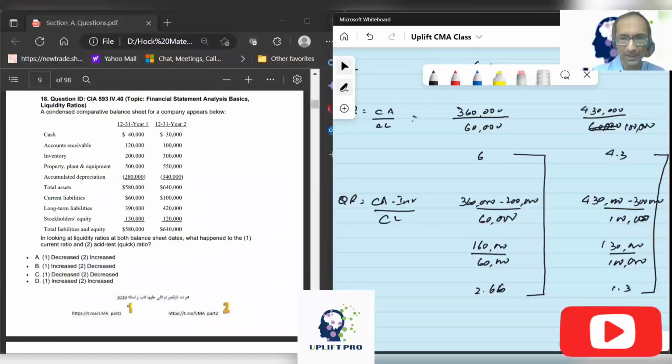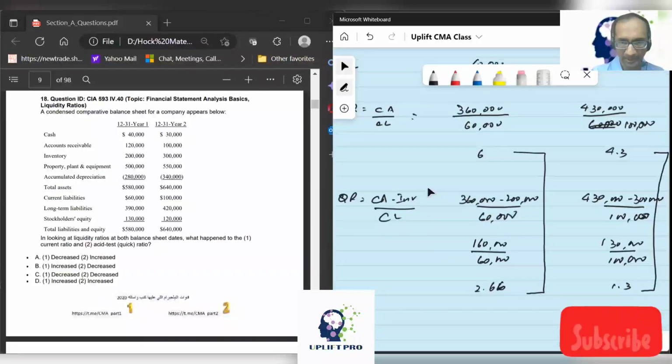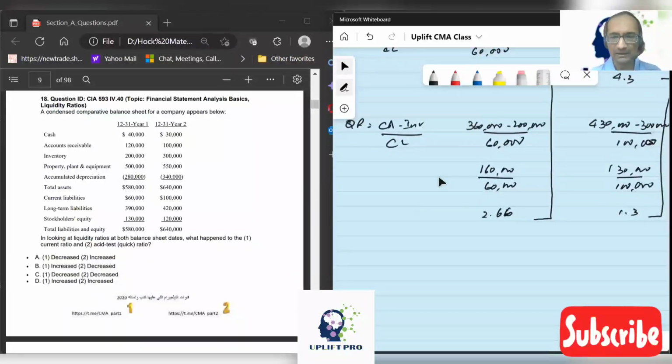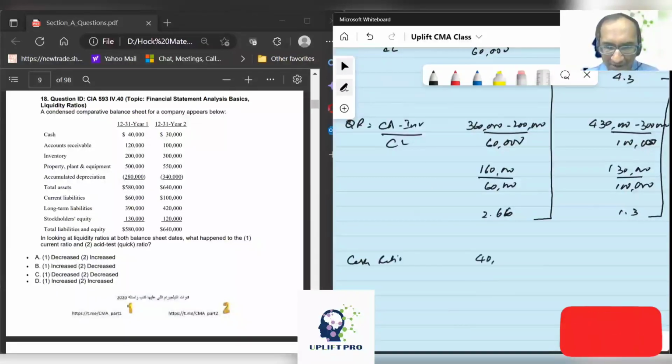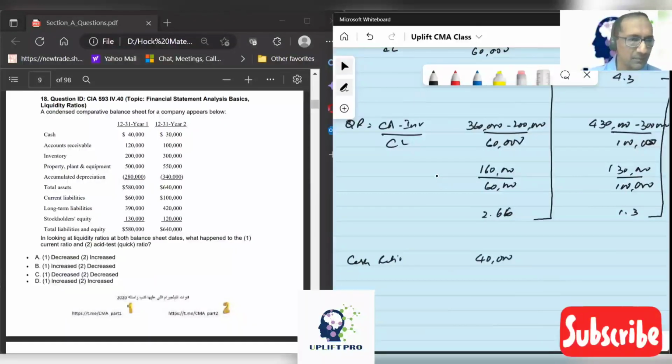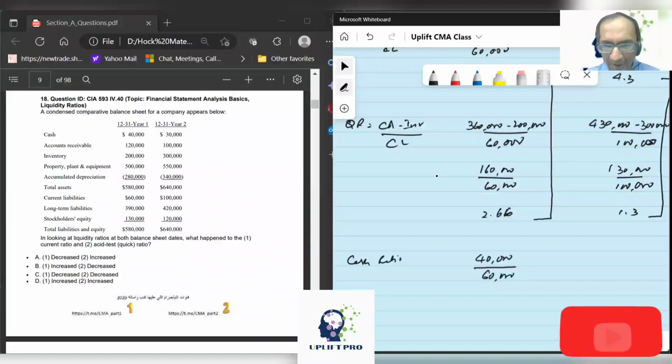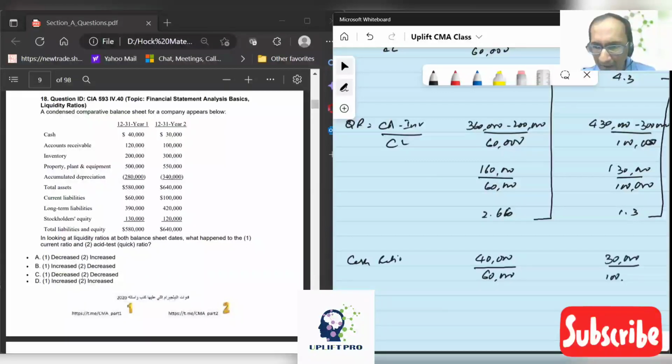In this example, even though they have not asked, let us calculate what the cash ratio is. Cash ratio in this case will be 40,000. That's only cash. There is no marketable securities. Divided by your current liabilities, which is your 60,000, and in year 2 it is 30,000 divided by 100,000. So what do you get?